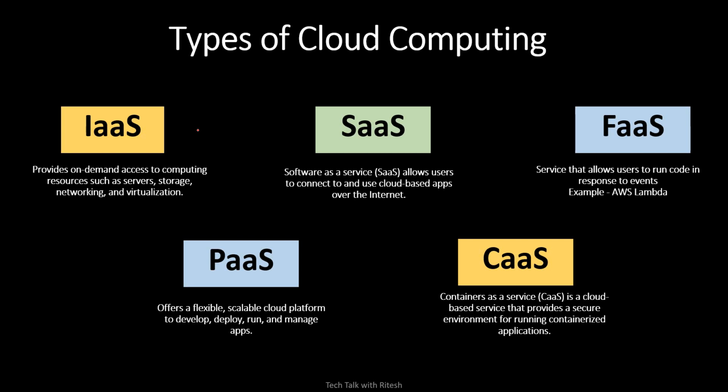Whenever we create any web application, we host it and use some resources, computing mechanism, right? For example, I will have a web server, I will have storage, etc. So I will have some infrastructure. Now let's talk about infrastructure as a service.